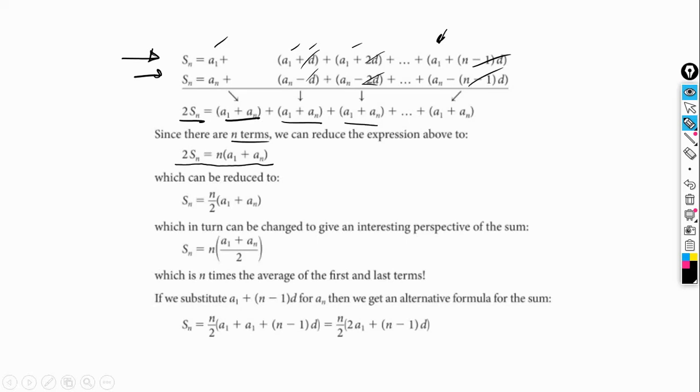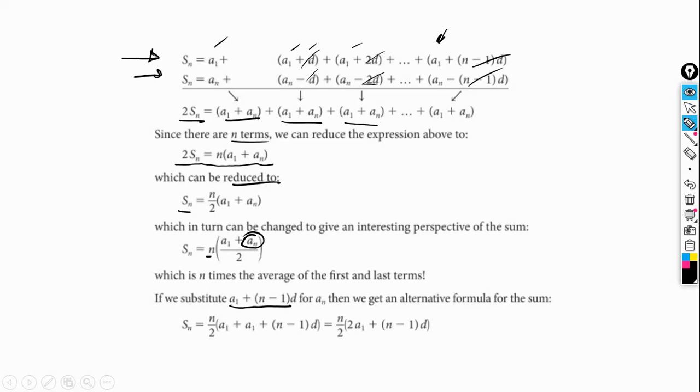Now, we can reduce this to this, right? Because we can divide by 2. So the sum is n halves times a1 plus an. So let's change a little bit and notice that we can say that it's n times a1 plus an over 2. But we can substitute the nth term for the formula that we already know, which is a1 plus n minus 1 times the common difference.